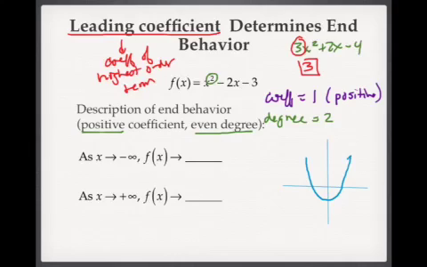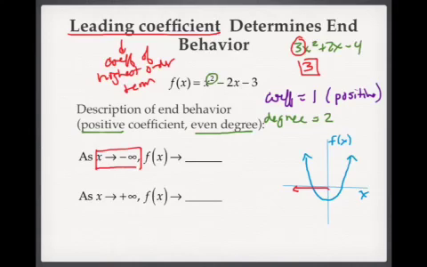So what we're asking is, imagine our parabola. If we have the x-axis, and then f of x is the function. So as x approaches negative infinity, that means as x goes from 0 to the left, then what is happening to the function?